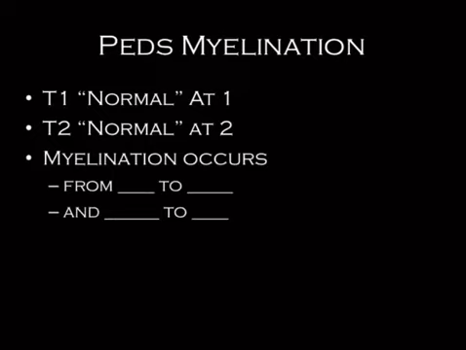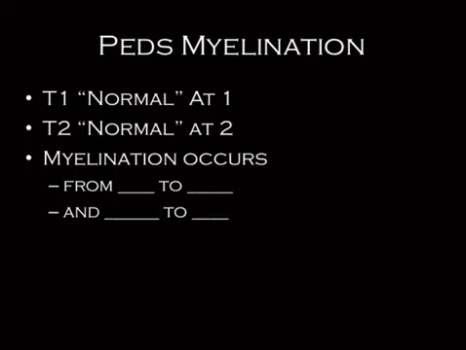The pattern of myelination is from back to front and from bottom to top. Depending on 6 months, 9 months, etc., it would be a very difficult question, far beyond the scope of this test I would think, to tell you to date the patient's age based on the myelination pattern.